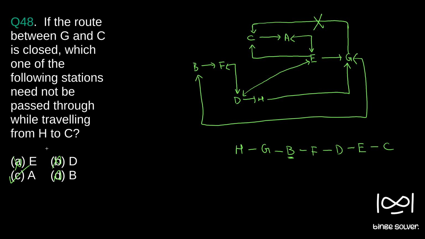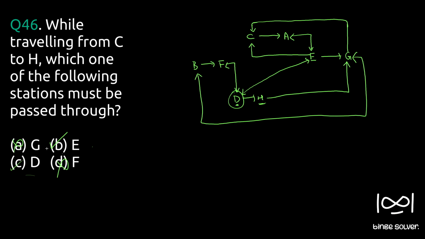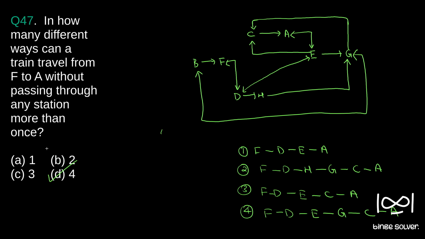So these are the 3 questions. I'll just go through once more. 46. As I said earlier, 46 is a little confusing. Option C is also right according to my logic, but the official key is option B, E. And 47, how many different ways can a train travel from F to A?